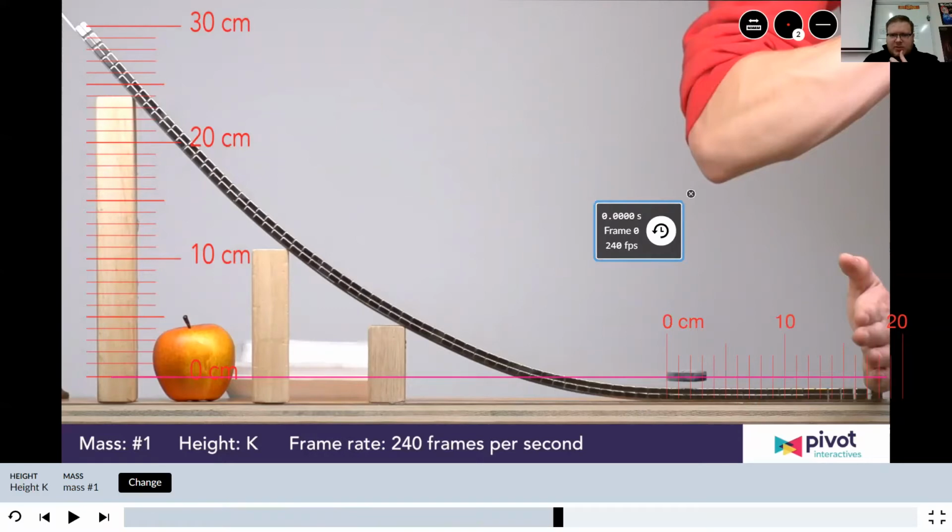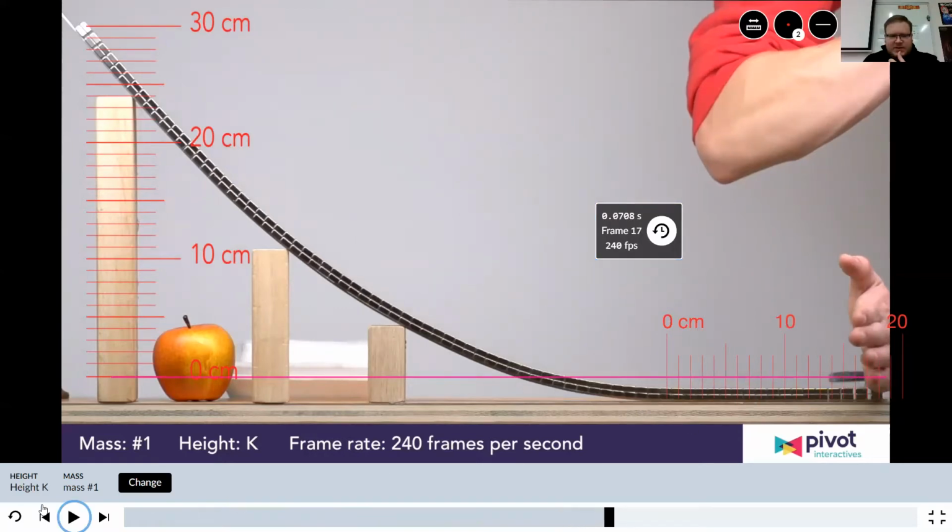So I'll let the timer run. Yeah, it hits his hand before it travels 15. So let's do close to 10. This is a little in between. We'll call that 10.3 centimeters.